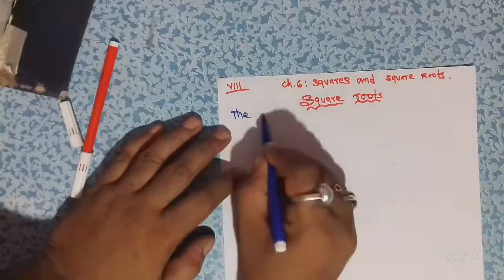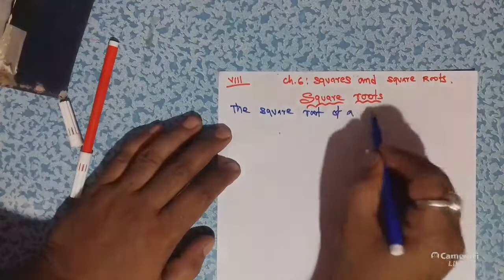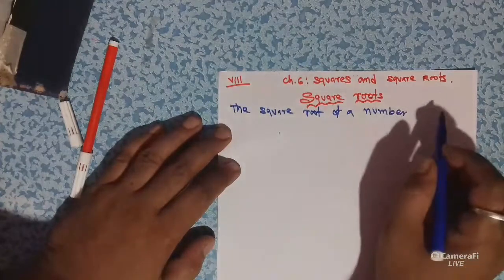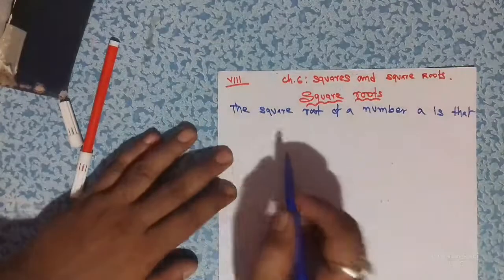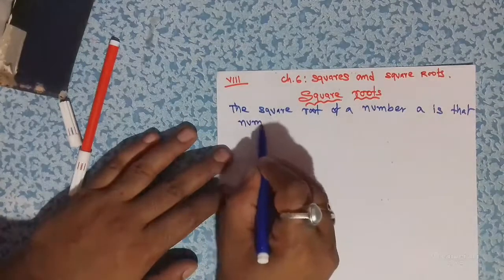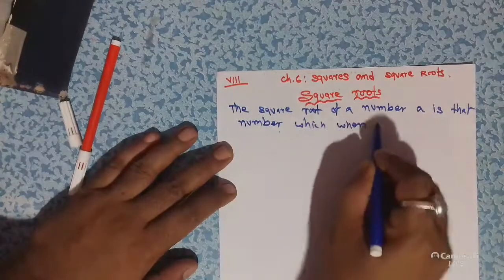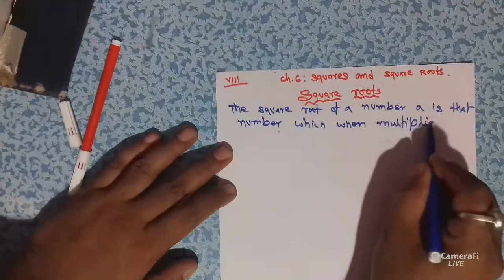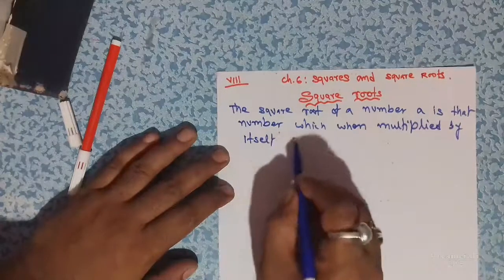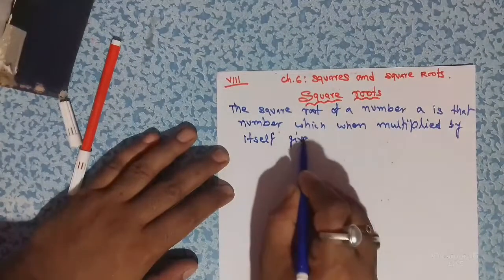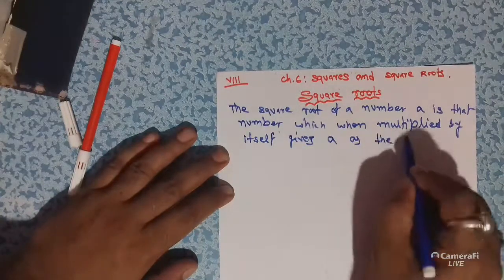The square root of a number A is that number which, when multiplied by itself, gives A as the product.